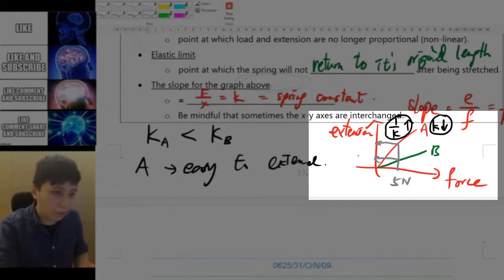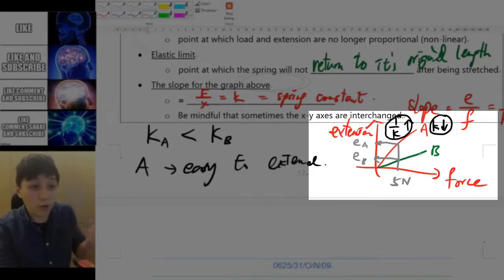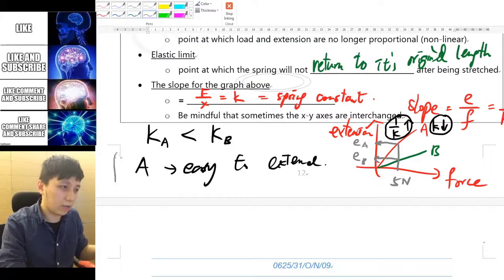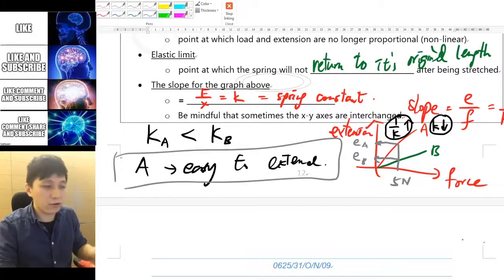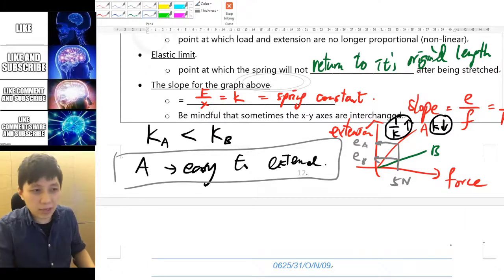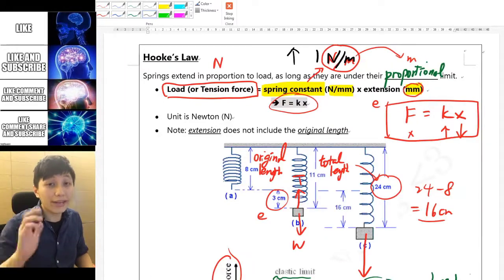So obviously A will extend more than B with the same force. So that coincides with what we found earlier, that A is easier to extend compared to B, which is not as efficient.